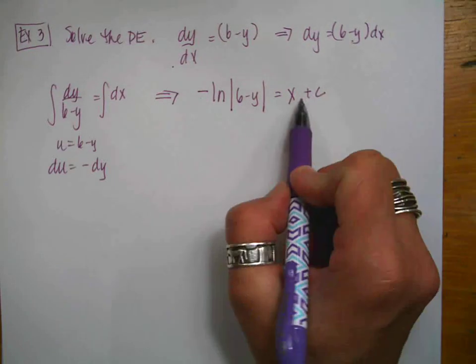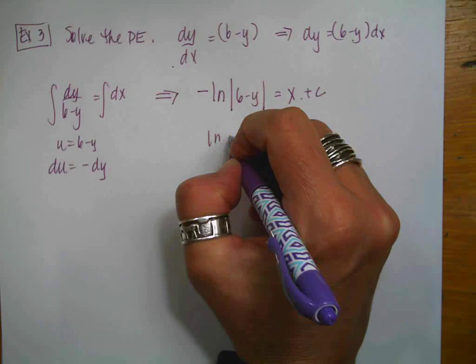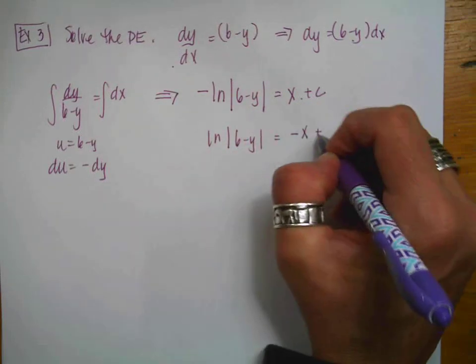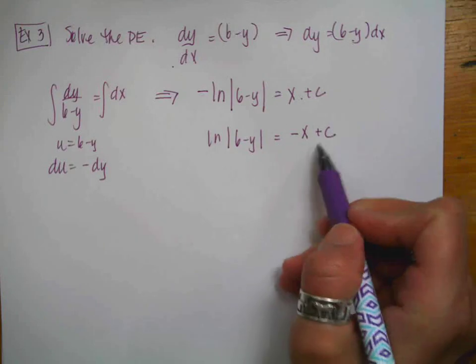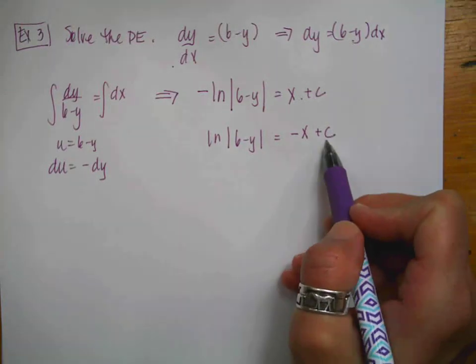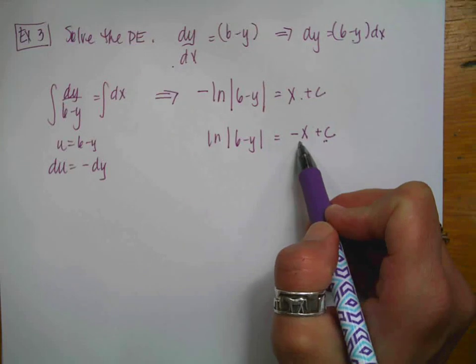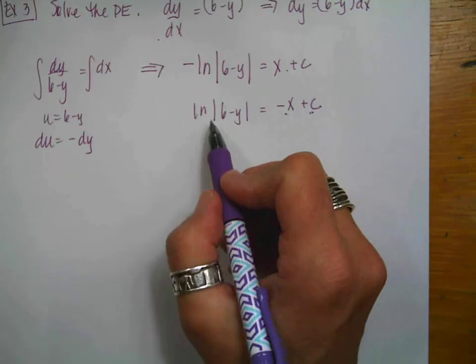And I'm actually going to move this negative over here. So now I have the natural log of 6 minus y is a negative x plus c. I'm not going to make c negative because a constant is a constant. So at this point, I'm going to have a negative x, okay?